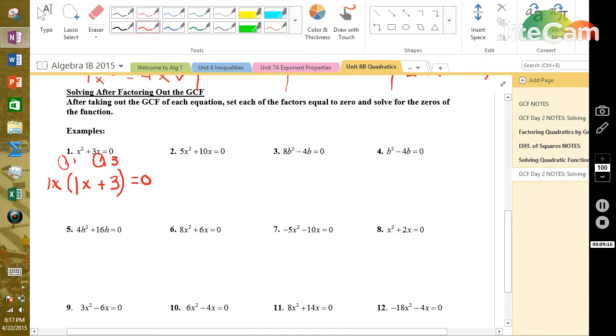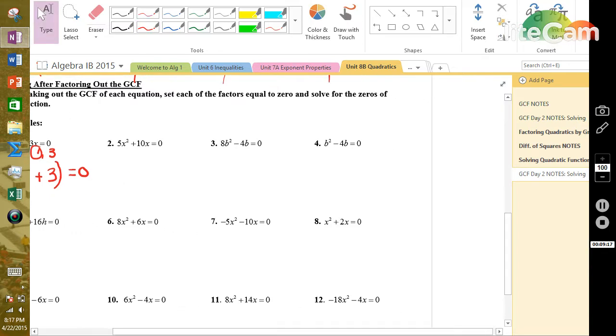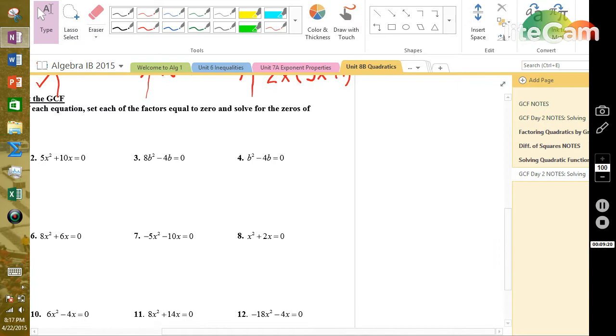Now the new part, if you want to make a note off to the side: we're going to be dealing with what's called the zero product property. Let's say I have 2 numbers, any 2 numbers.